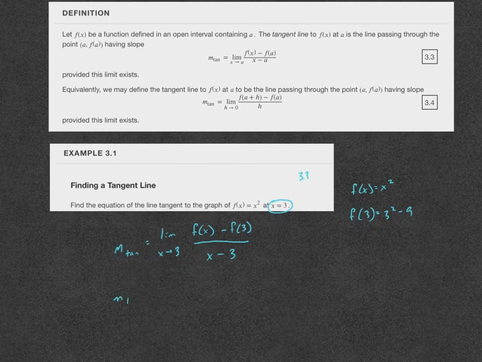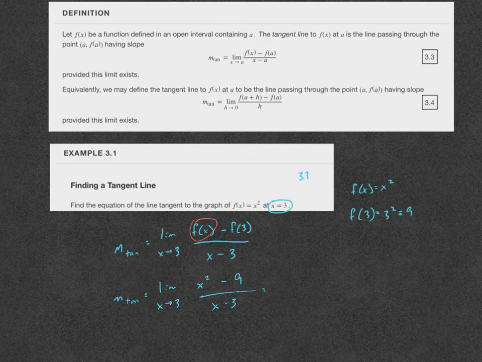The slope of the tangent line is equal to the limit, and I'm going to write this every single time until I actually take the limit. f of x is x squared, I'm writing down the function, so that's this part, minus f of 3, which is 9. There we go. x squared minus 9 divided by x minus 3.